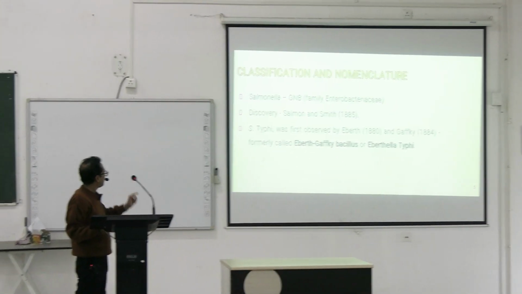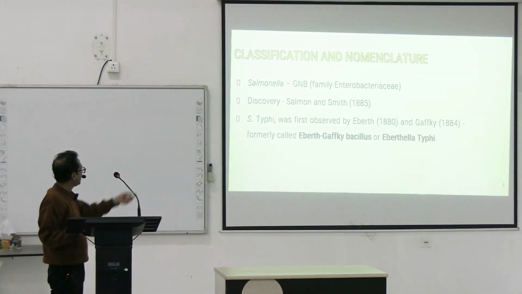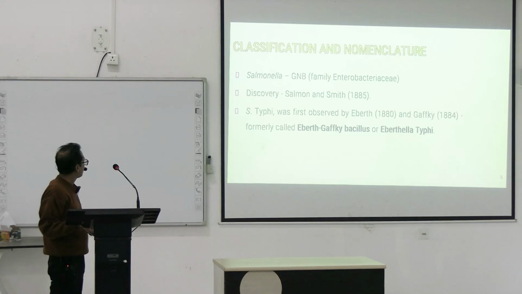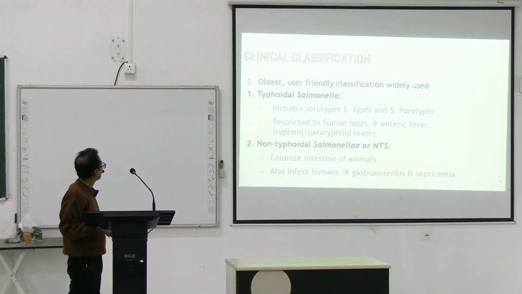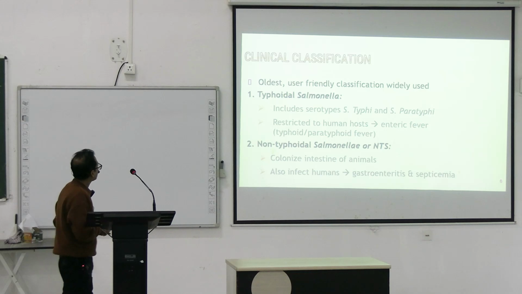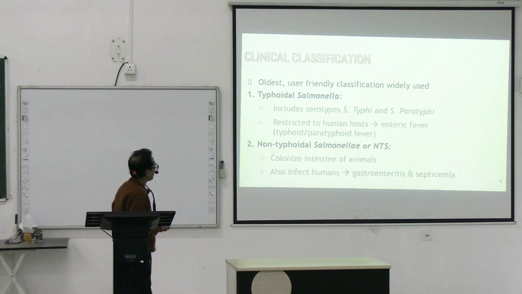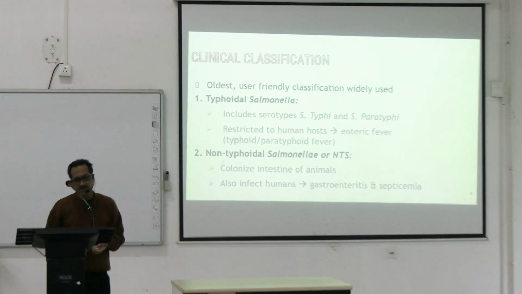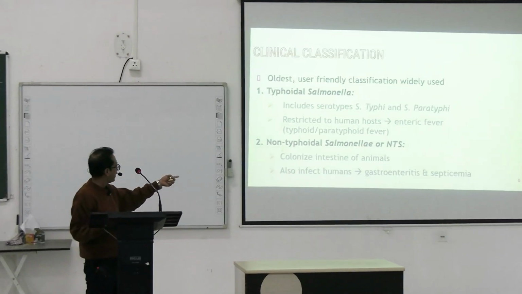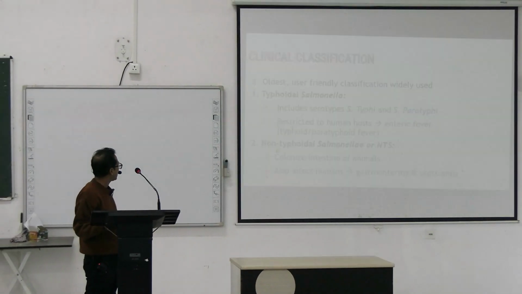It was first observed by Eberth in 1880 and Gaffky in 1884, formerly called the Eberth-Gaffky bacillus. Typhoidal salmonella includes Salmonella typhi and Salmonella paratyphi. Non-typhoidal salmonella colonize the intestine of animals and sometimes infect humans. Gastroenteritis and septicemia can occur.